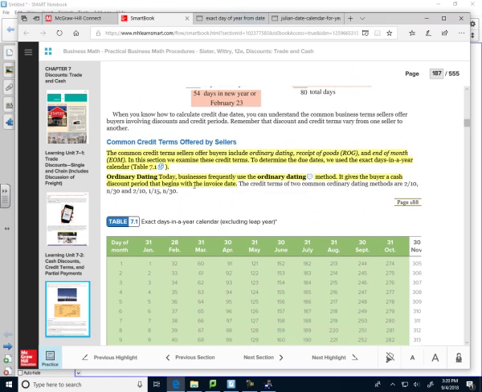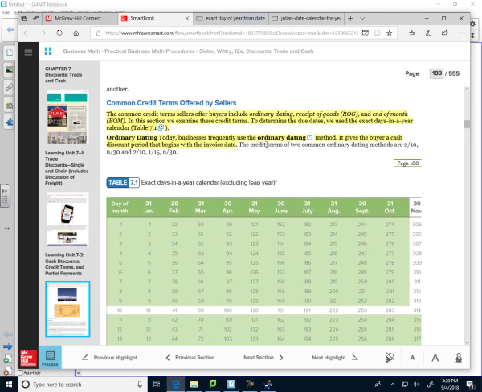All right, let's do a little more work while we're here. So I'm somewhere on page 187 here, common credit terms offered by sellers. Now, notice here, we're going to talk about ordinary dating. And the interesting thing is this doesn't really use this table, I don't think.